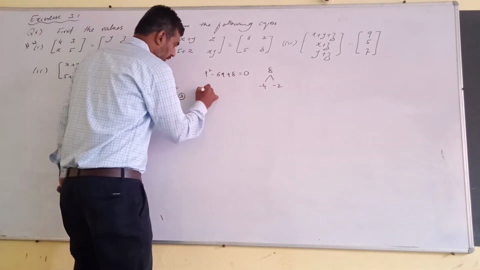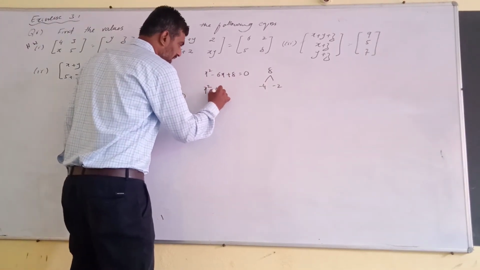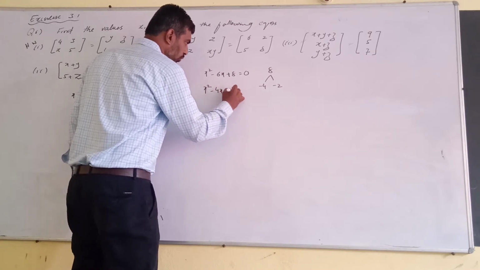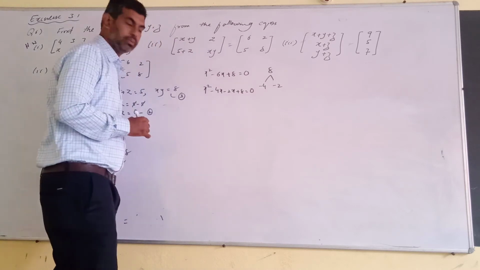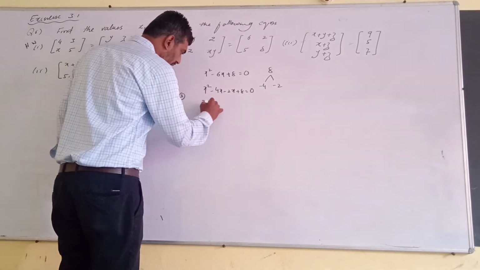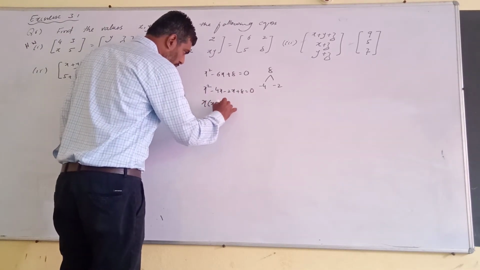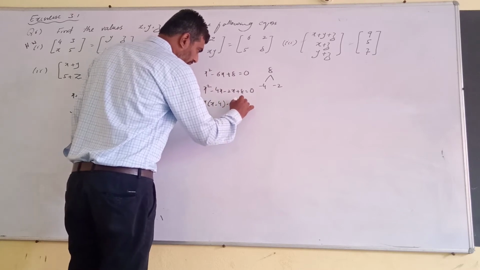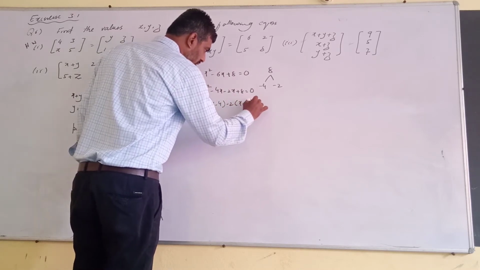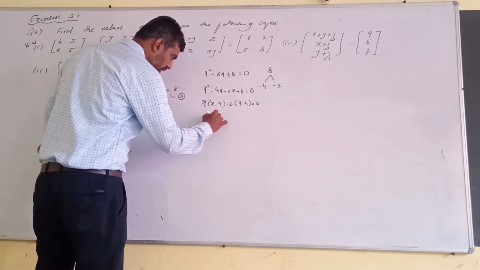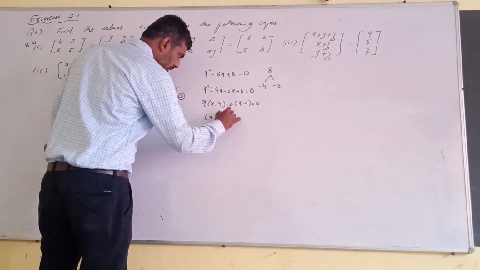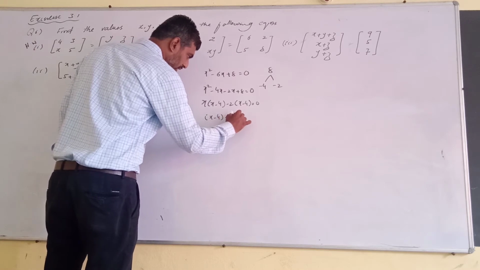Now x square minus 4x minus 2x plus 8 is equal to 0. x is common: x into (x minus 4). Minus 2 is common: minus 2 into (x minus 4), so the whole is equal to 0. Now what is common here? x minus 4.